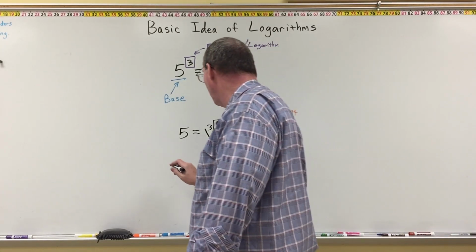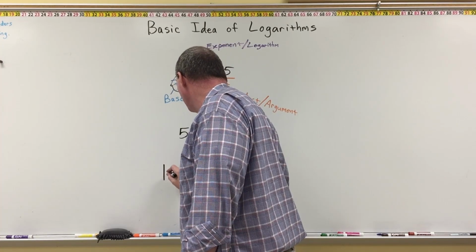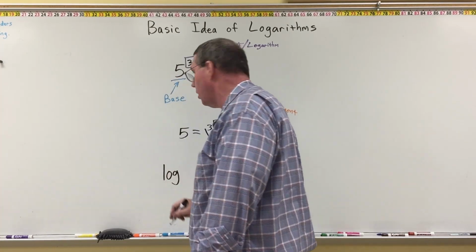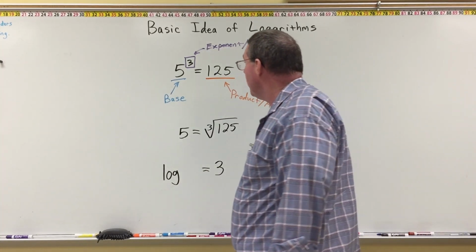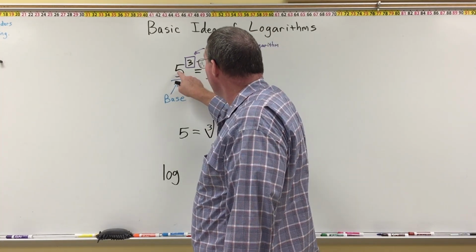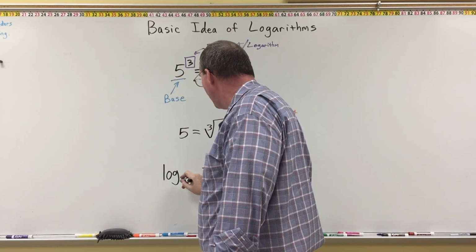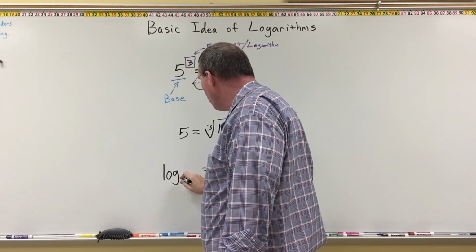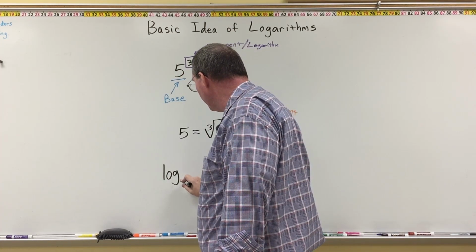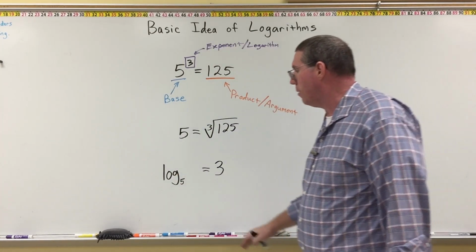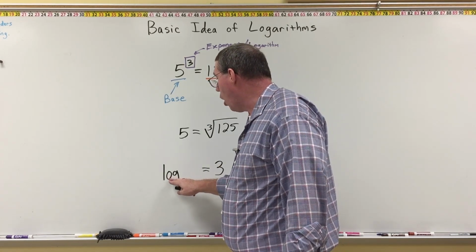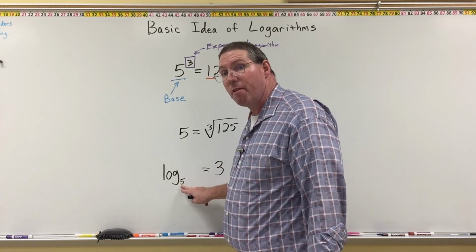And so typically with a logarithm, what we do is we just write the word log, that's short for logarithm, okay? And what we do is we take the base, this number right here, the 5, and we put it down really low, and we write it really little next to the g, right after the g. And the way we say this is log base 5.